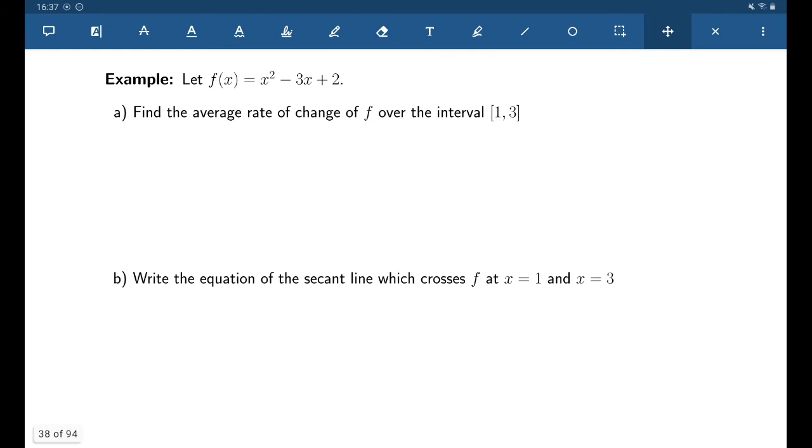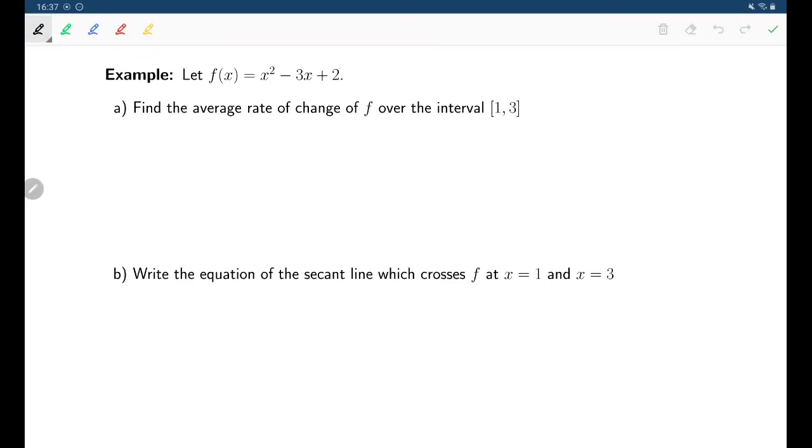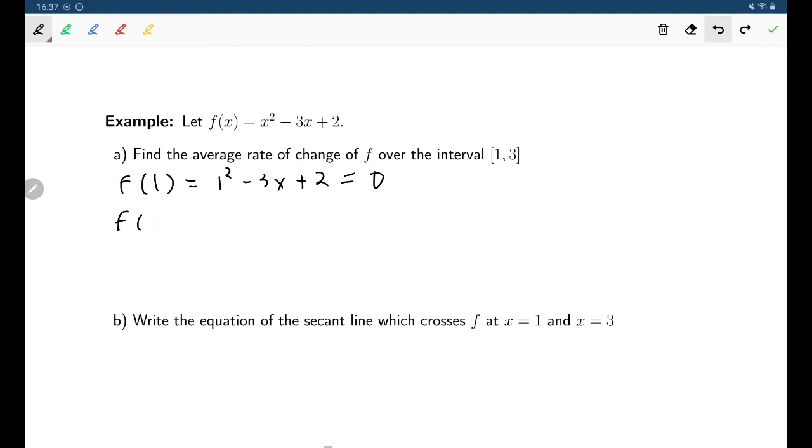So if we're interested in this function, what is the average rate of change over the interval from 1 to 3? I would first need to find out, well, what is f of 1? And I could find that that is 0. And I find f of 3 rather, is 2. So we have 2 points.